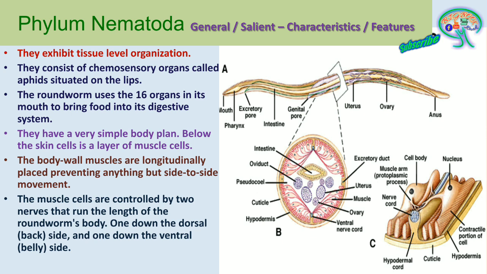Here these organisms have chemosensory organs called amphids situated on the lips. Now here, chemosensory organs are certain organs or teeth-like structures in the mouth that sense whatever nutrition is present in the medium. As you know, roundworms are worms of the terrestrial environment.